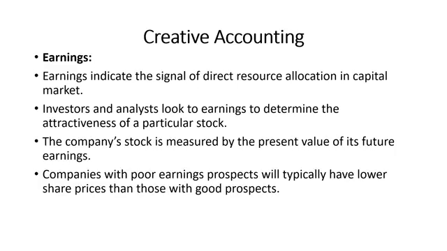The company's stock is measured by the present value of its future earnings. Companies with poor earnings will have lower share prices. So if you have poor earnings, you will get a lower share price.